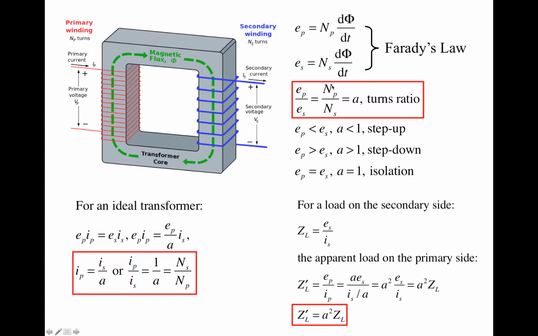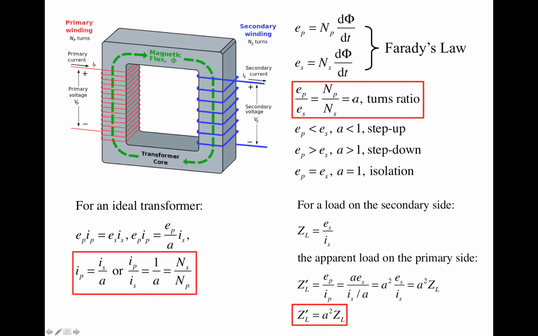That's the ratio of the number of turns on the primary side of the coil and the number of turns on the secondary side of the coil. The right-hand side is also known as the turns ratio, and is often represented using the symbol a.